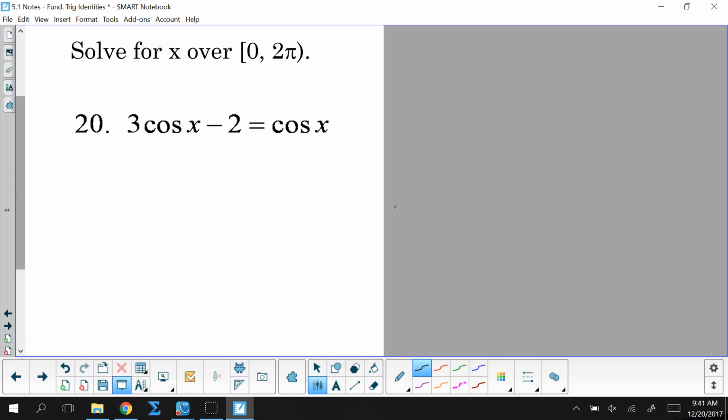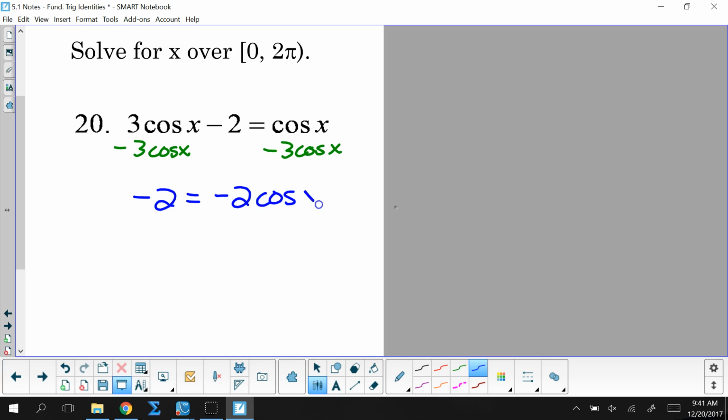I would subtract 3 cosine of x. What do you get then? Negative 2 cosine of x.